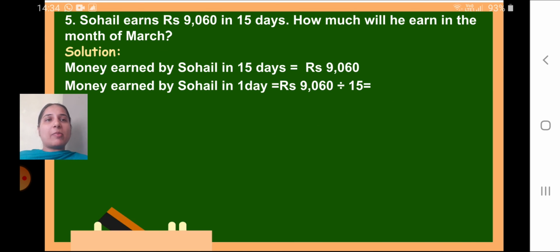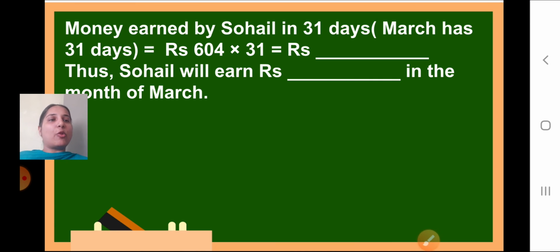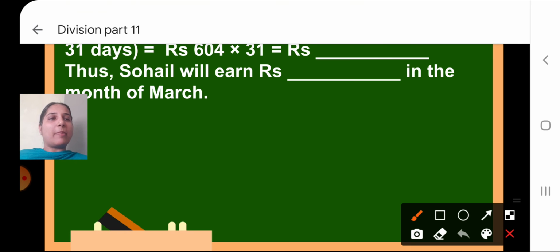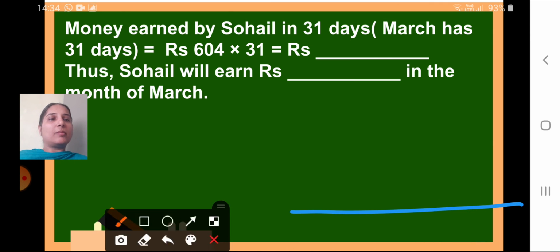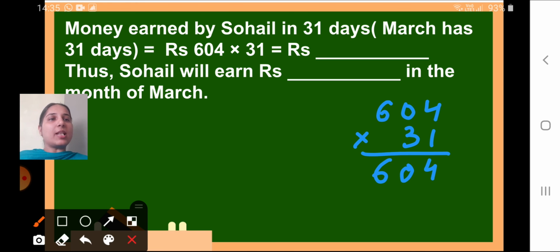So now we'll multiply that 604 by 31. So let's multiply here. So 604 multiplied by 31. So 4 ones are 4, 0 ones are 0, 6 ones are 6.